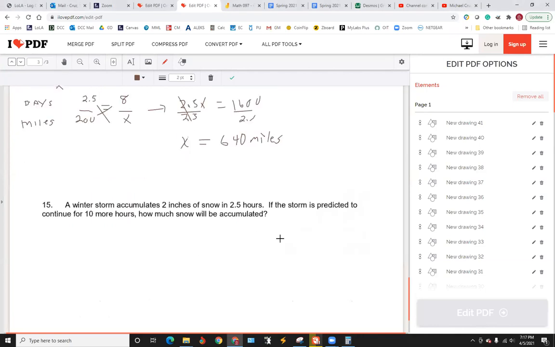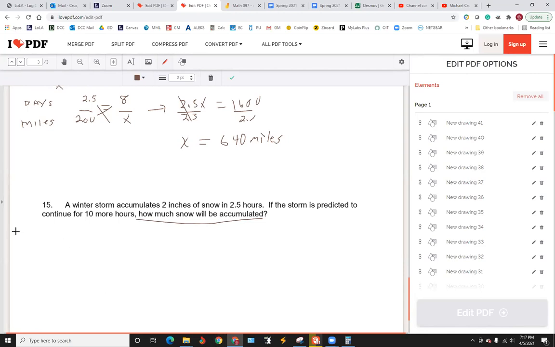All right, now this one's a bit tricky because you're going to set it up the same way, but it wants to know how much snow will be accumulated. So set it up, and then you got to do a little adding. So watch the wording on that one. Got plenty of time here, so I can go back up and do those other two if we want to. Equals 8. All right.